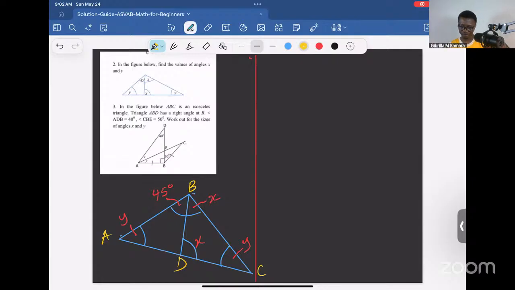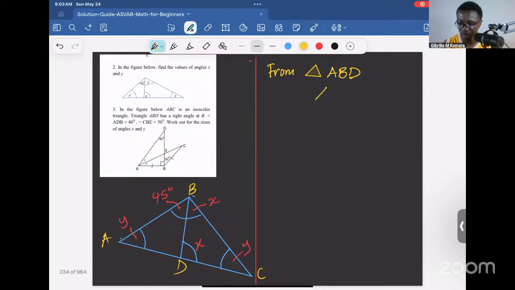All right, so let's solve. Let's look at triangle ABD. Where is triangle ABD? Which is this? You have this. Then we have something like this.